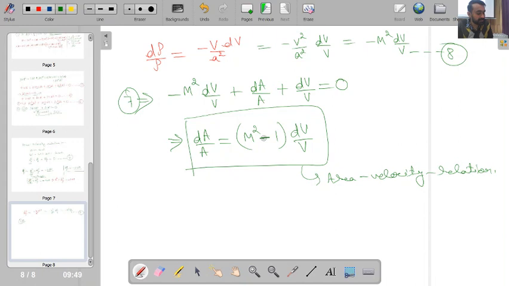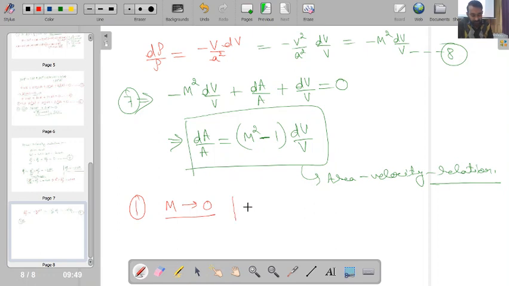So fundamentally, the relationship between area and velocity is a function of Mach number. Now let's analyze this situation for different values of Mach number. First, consider that my Mach number is approaching 0.